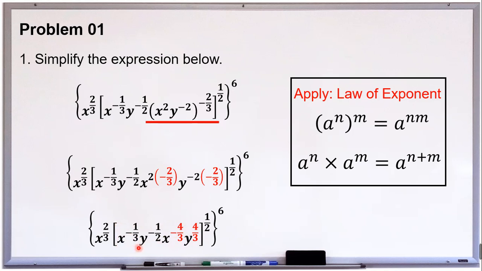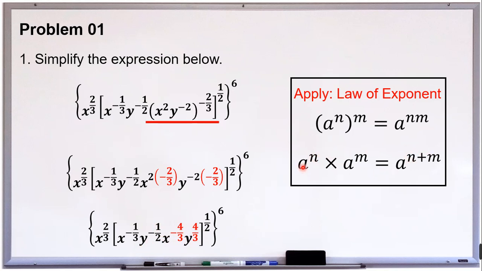We all know that we have the same variables inside this one. So we have x raised to negative 1/3, and we have x raised to negative 4/3, and we also have y raised to negative 1/2 and y raised to negative 4/3. So to simplify this one, we're going to use the second law of exponent right here.